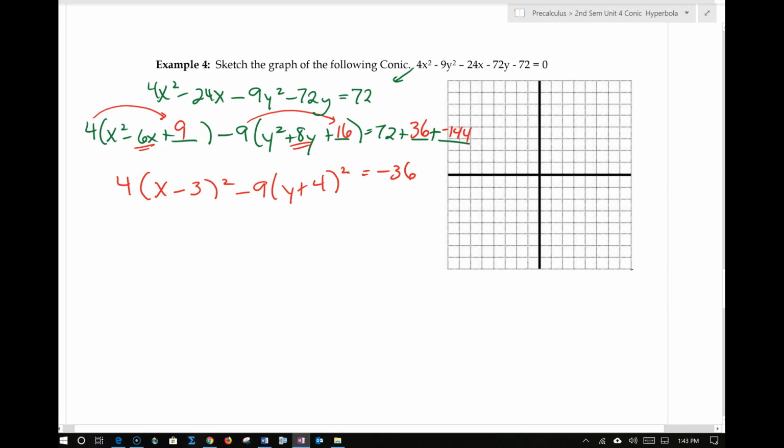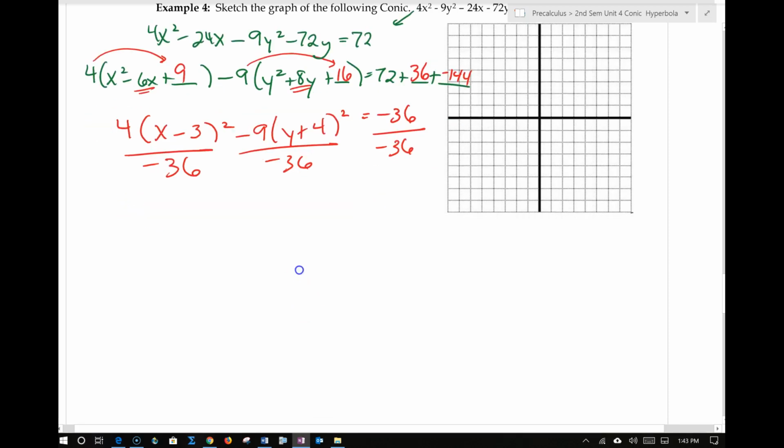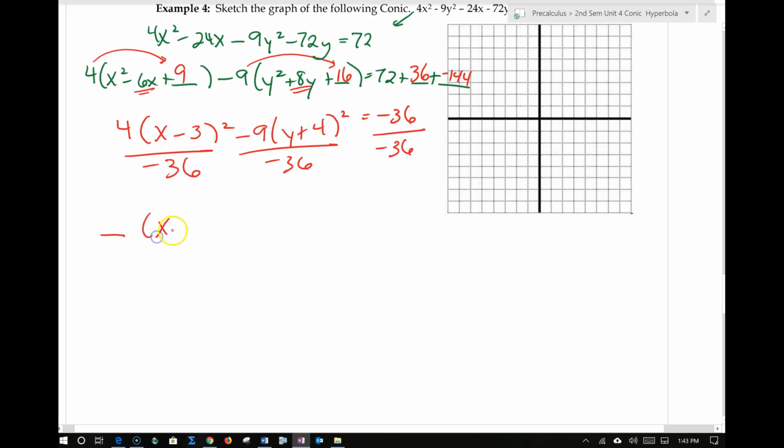So we're using the completing the square. But remember, in order for this to happen, we have to divide everything by negative 36 because it has to equal 1 to be in standard form. So we divide by negative 36. And notice this becomes a negative, the quantity x minus 3 squared over 9, and then plus the quantity y plus 4 squared all over 4 is equal to 1.